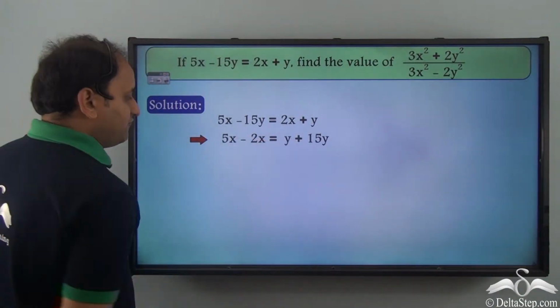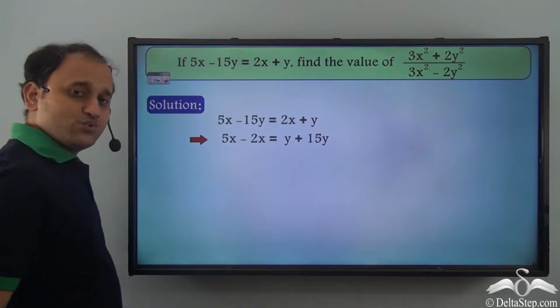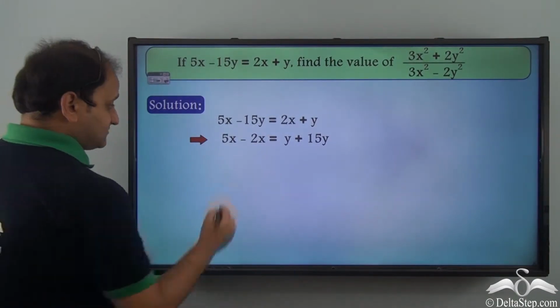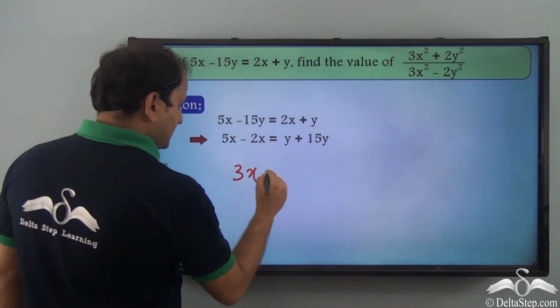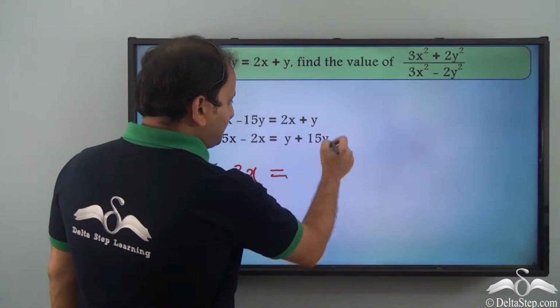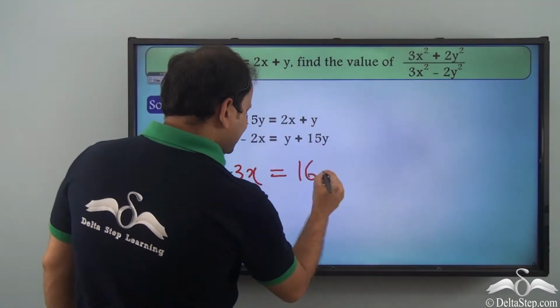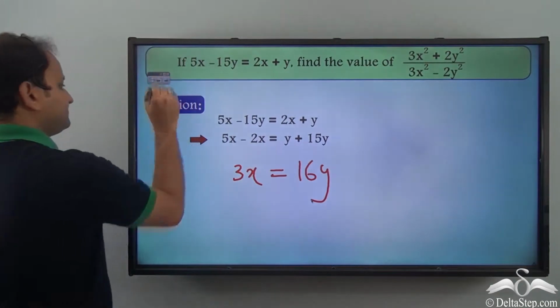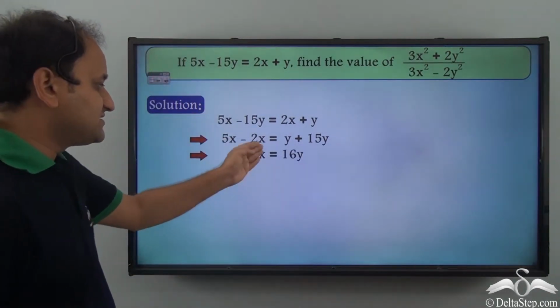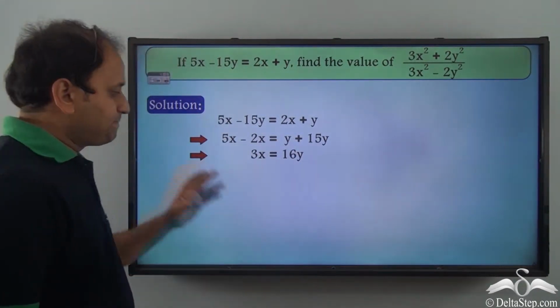So this is what we get. Now 5x minus 2x will be 3x. This will be equal to y plus 15y, which is 16y. So we have 3x is equal to 16y.